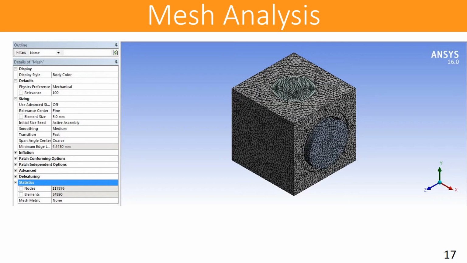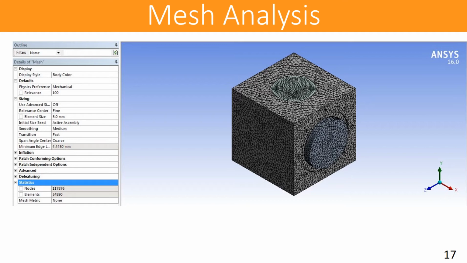For the mesh analysis, in this slide we can see that for meshing the relevance was 100, and for the sizing the relevance center was fine, element size was 5 mm, initial size seed was active assembly, smoothing was medium, transition was fast, span angle center was coarse, and the minimum edge length was by default 4.4450 mm.